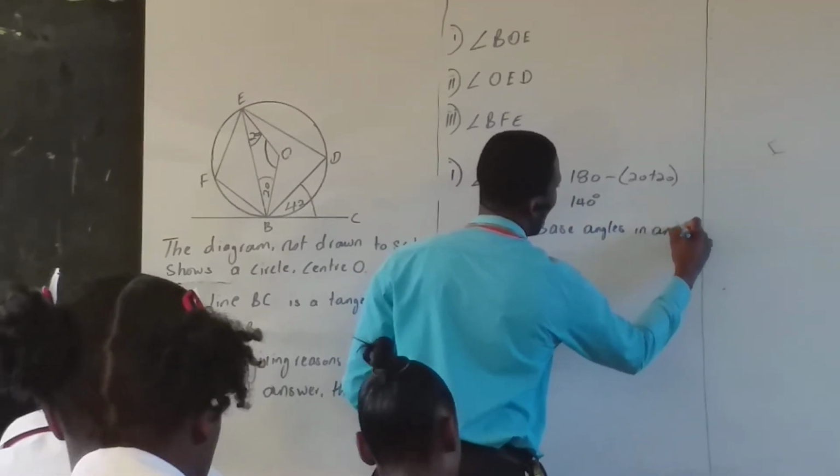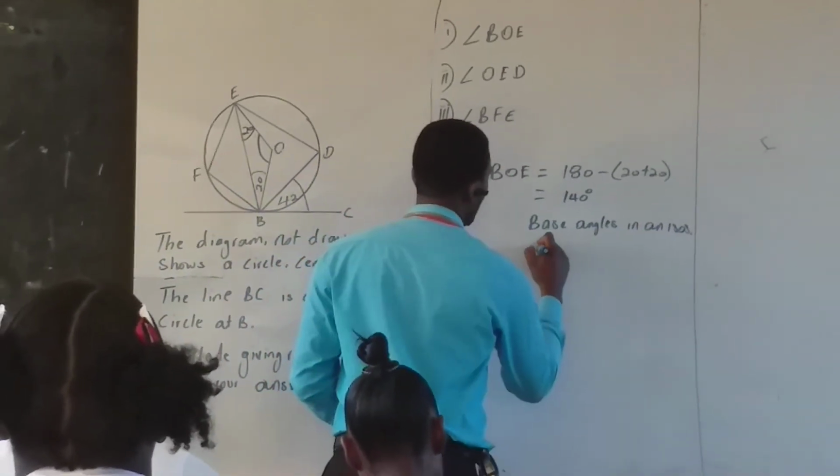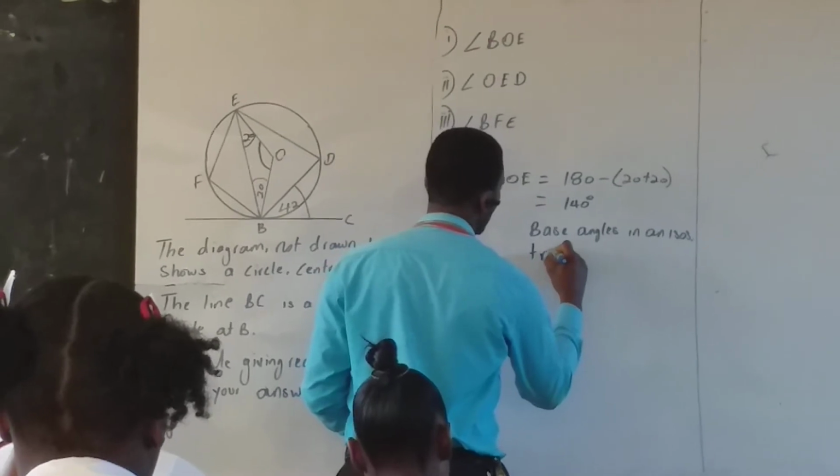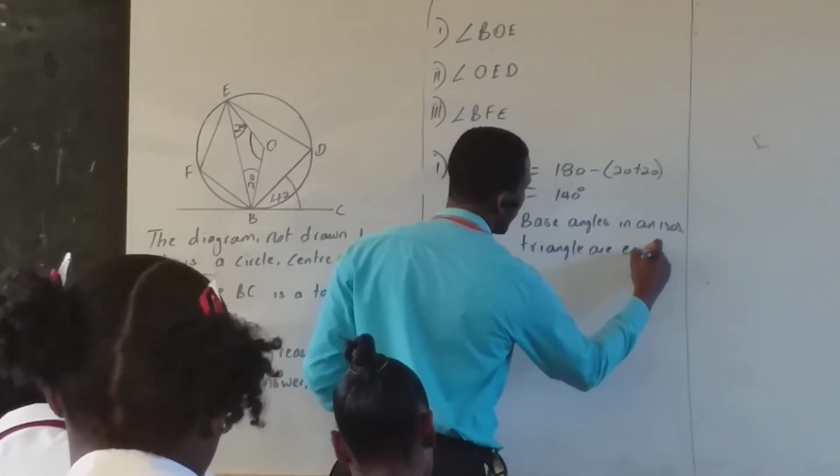And we can say that base angles in an isosceles triangle are equal.